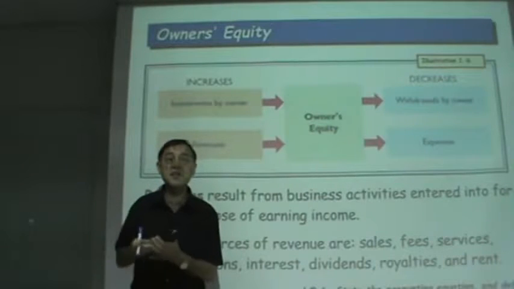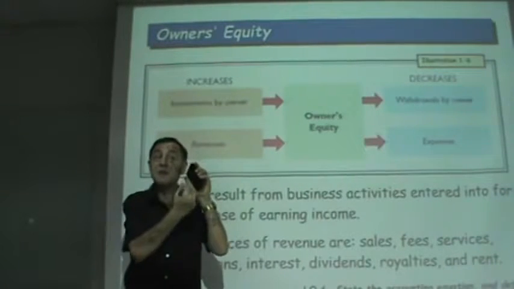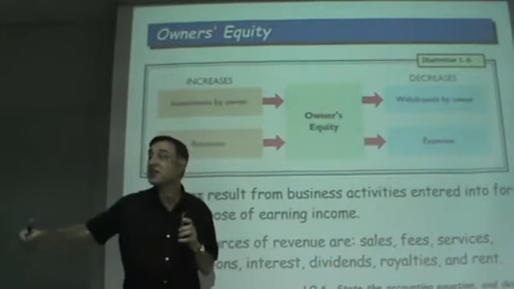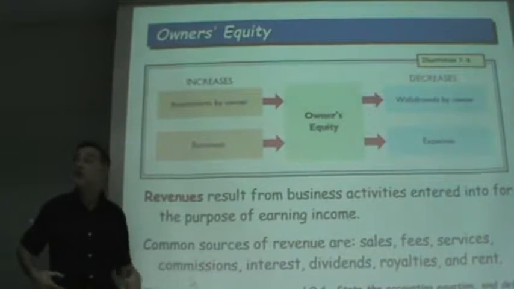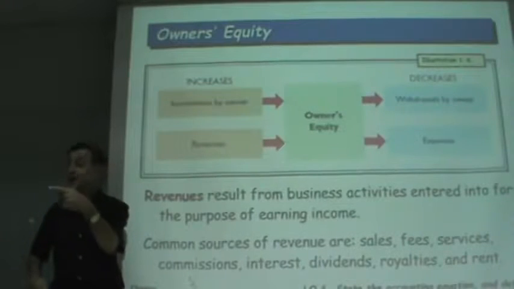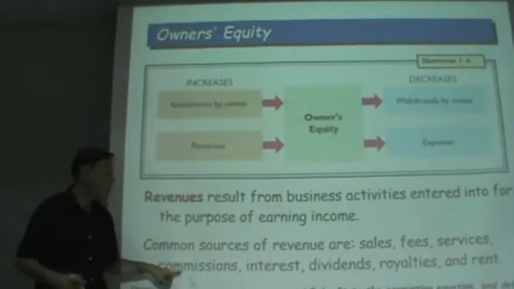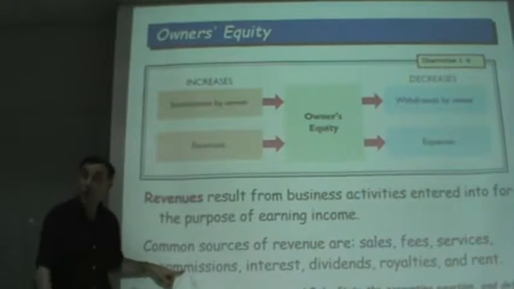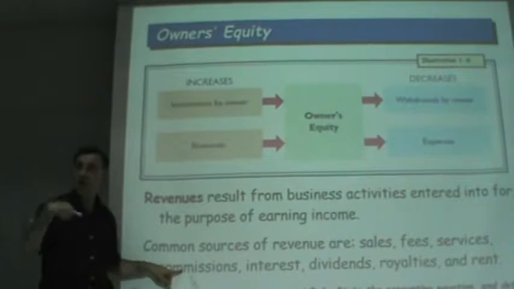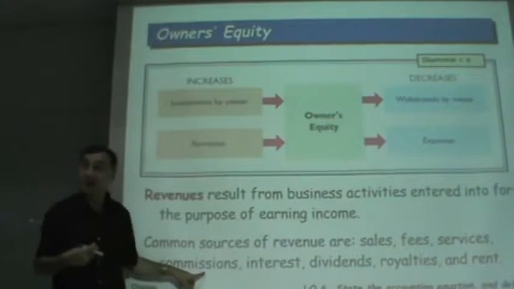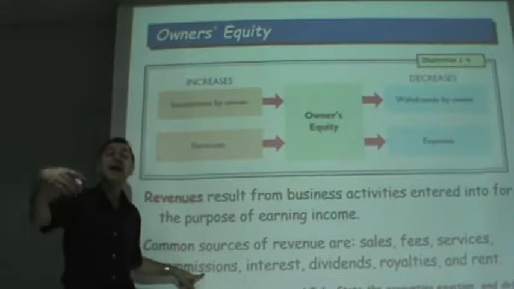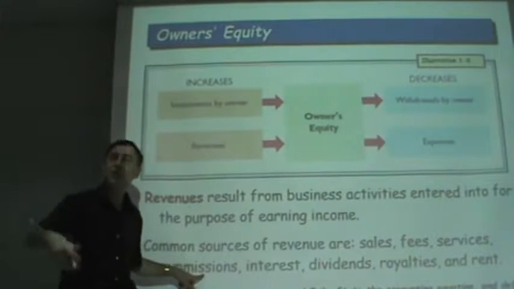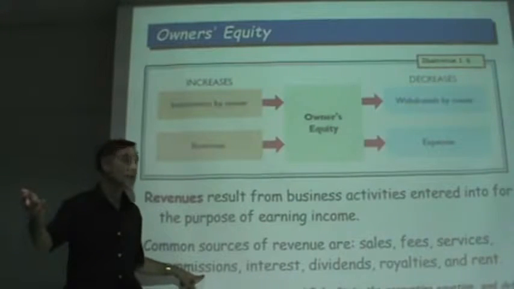Telephone service, or internet connection, that's all service. Commissions: if you're charging your customers, the commission could be a revenue when you charge the commission and you get the money. But commission can be an expense when somebody else is charging you commission and you pay a commission.